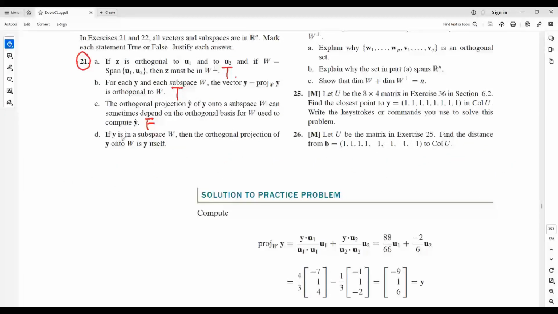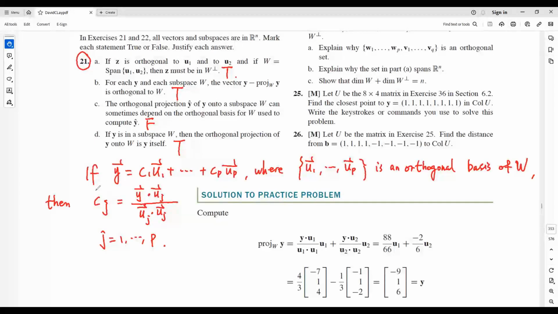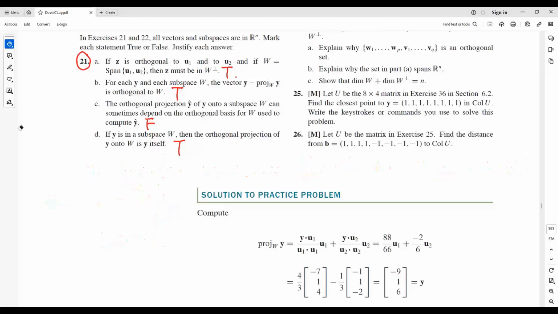D. If y is in a subspace W, then the orthogonal projection of y onto W is y itself. True. If y is a linear combination of an orthogonal basis of W, then the weights are given by this formula. This leads to the orthogonal projection of y onto W being y itself.